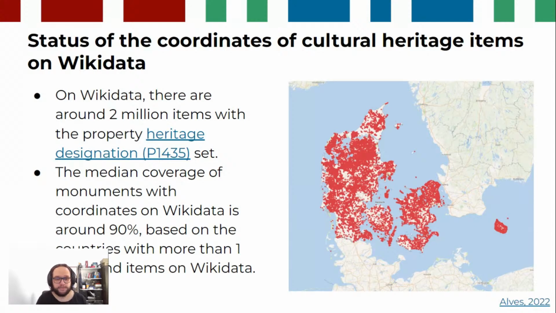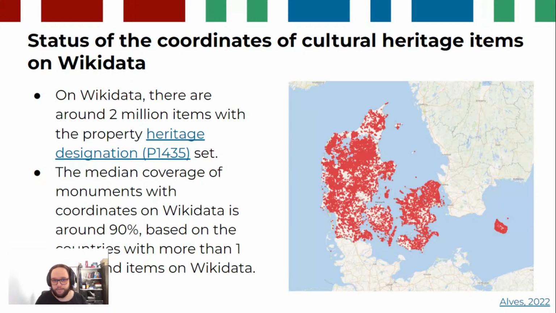The problem here is that we have these 2 million items, and for some countries and some regions, we do not have much coverage of the coordinates of these items. And I will explain why this is important in our context. But overall, we have around 90% coverage of monuments in the Wikidata database.